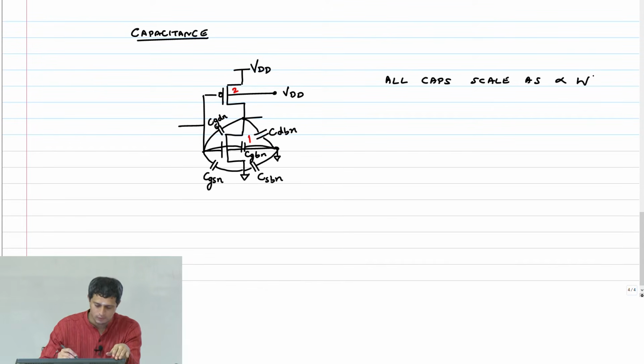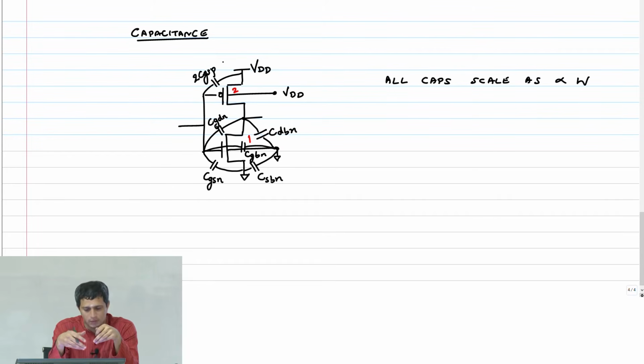Therefore, if the unit capacitance for a PMOS transistor, that is a PMOS transistor with width 1, is CGSP, then this will be 2CGSP. And actually there is nothing to choose between the NMOS and PMOS.